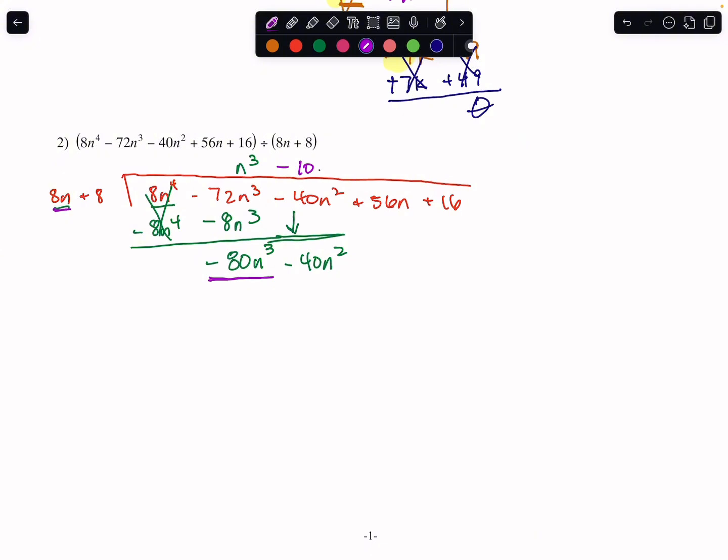And then negative 10n squared times 8 is going to be negative 80n squared. Go through, change your signs. This cancels. And now I got negative 40n squared plus 80n squared. That's going to leave us with a positive 40n squared. Drop down the next thing. Plus 56n.